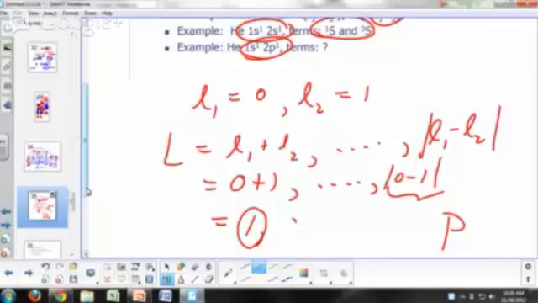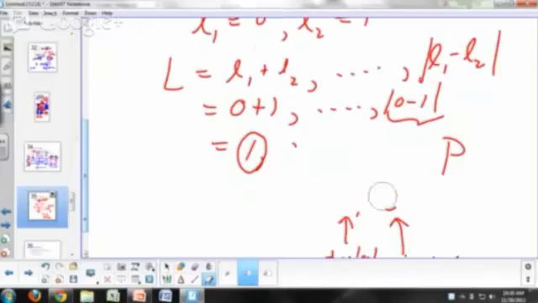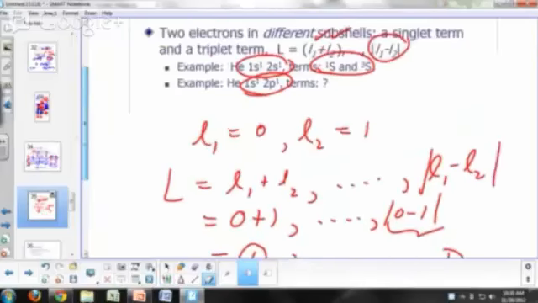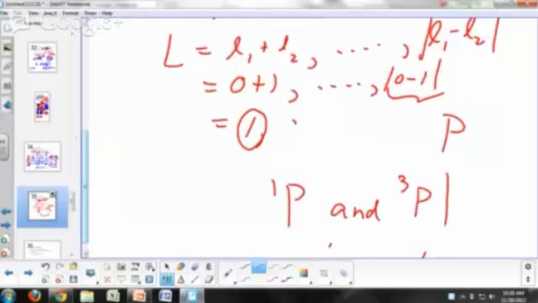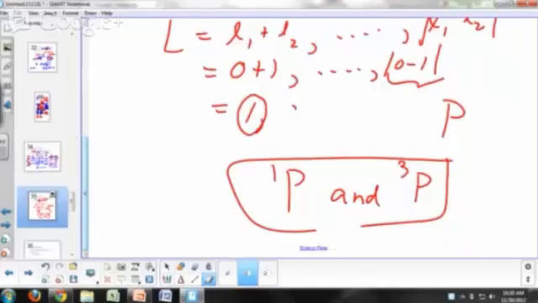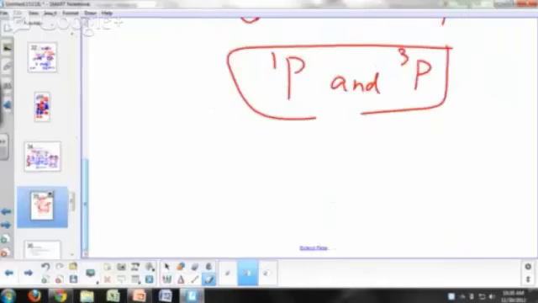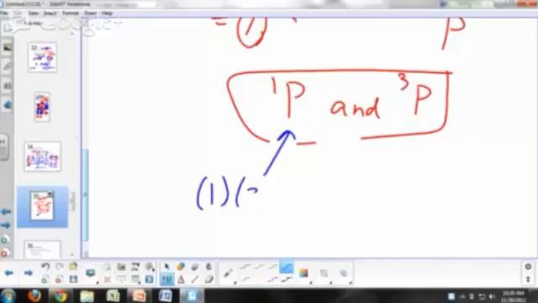Okay. And what kind of multiplicities can you get? Same thing, 2 electrons, so singlet and triplet. So you can get a singlet P and a triplet P. All right. Now, how many functions are associated with a singlet P? 1 times 3.